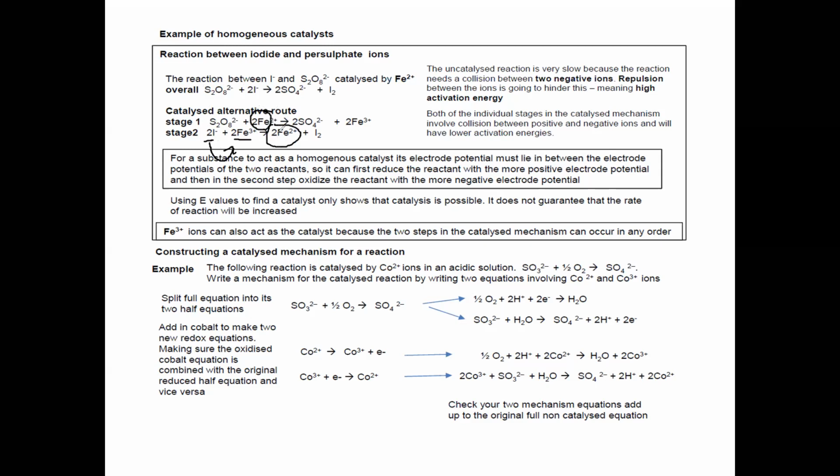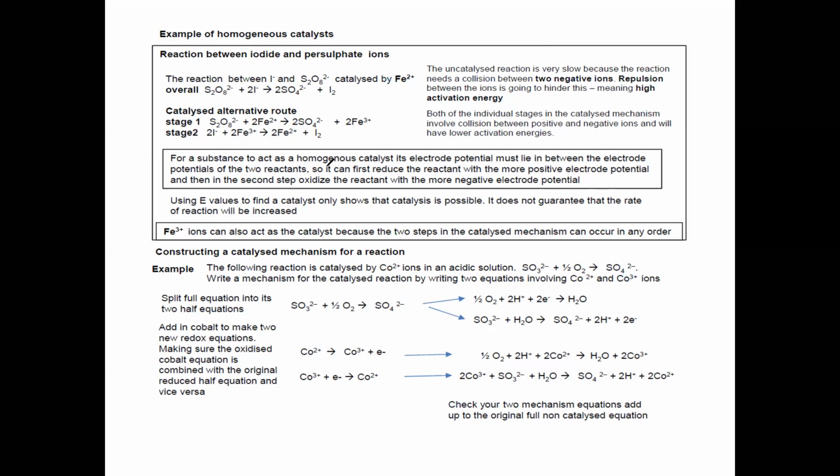So you can see here the tendency of this substance to be oxidized and reduced helps in speeding up this reaction. Both individual stages of the catalyzed mechanism involve a collision between a positive and a negative ion, which lowers the activation energy, so the reaction can occur at a lower temperature.